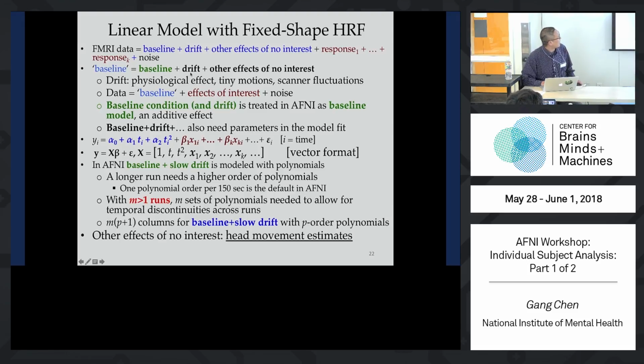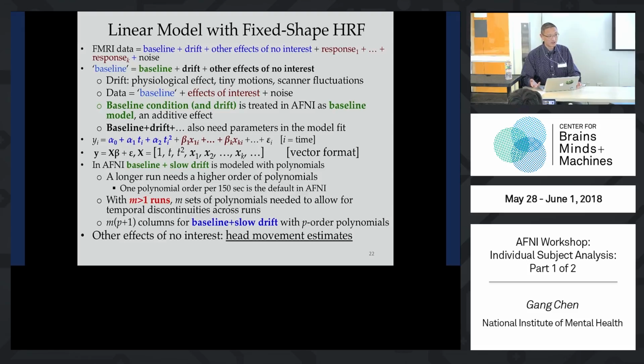So slow drift. There are a few possibilities. Why do we have slow drift? One possibility is the subject itself. The subject may have a physiological effect.